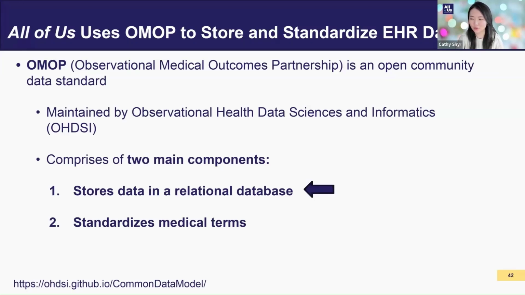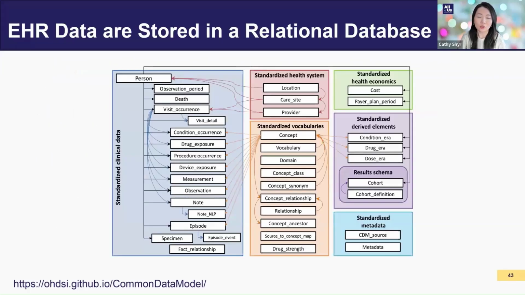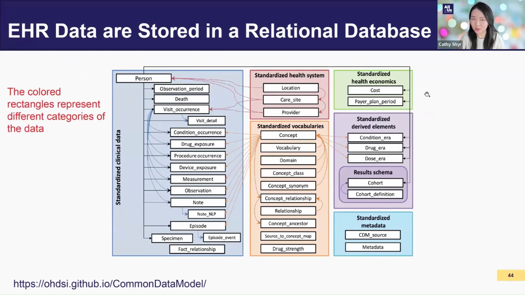So let's start with the first component, data storage. Here is a schema of the OMOP relational database, and there's a lot going on here, so we're going to break it down bit by bit. In this schema, the colored rectangles represent different categories of EHR data.